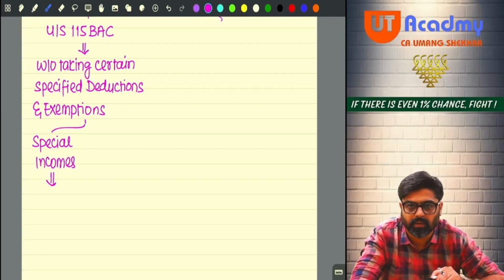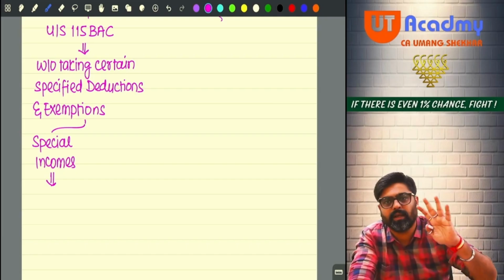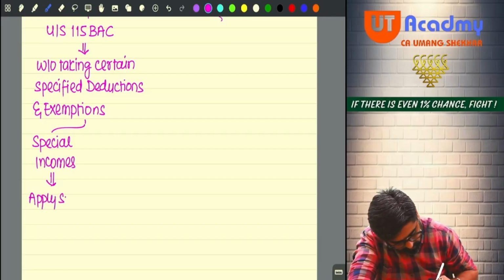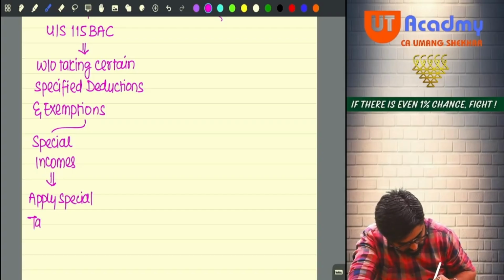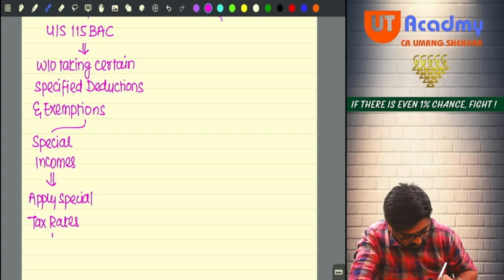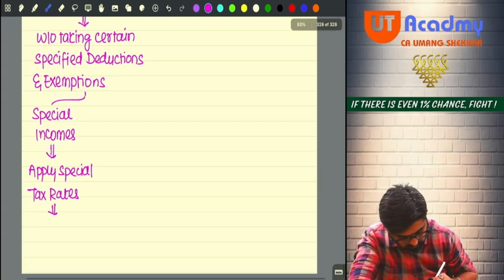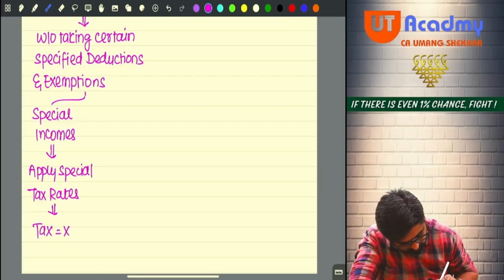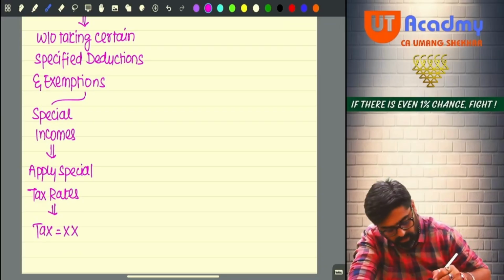All those special incomes which are there, apply the special tax rates applicable on those incomes and calculate the tax.